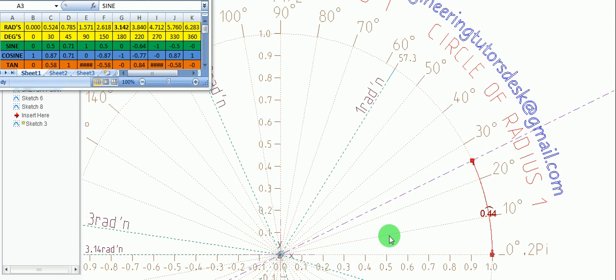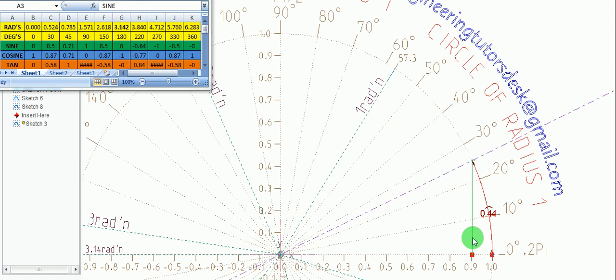Let us understand what a sine is. Listen to the definition carefully. Sine is the name of the line which is projected from the end of an arc to the horizontal axis or x-axis.